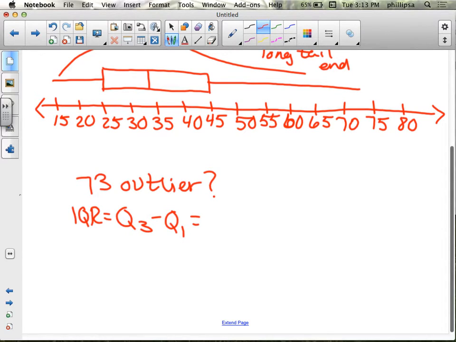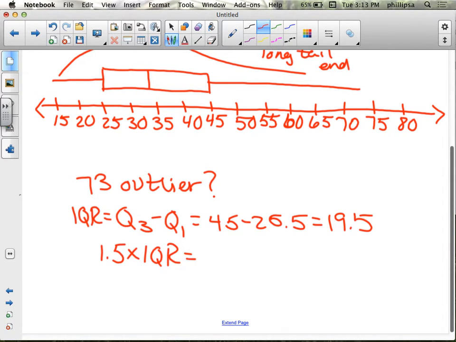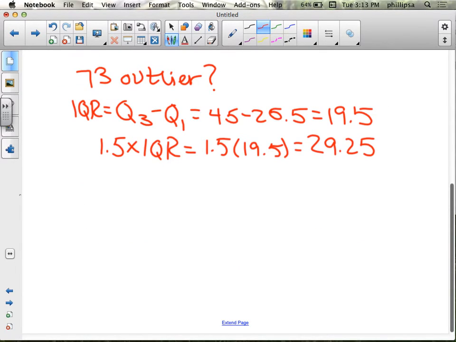That was 45 minus 25.5, so 19.5 for my IQR. I'm then going to use my 1.5 times IQR rule. 1.5 times 19.5 gives me 29.25. So 29.25 less than Q1 or greater than Q3 gives me my cutoff marks for being outliers.